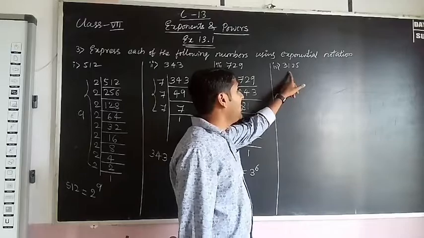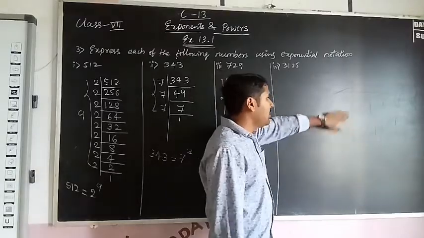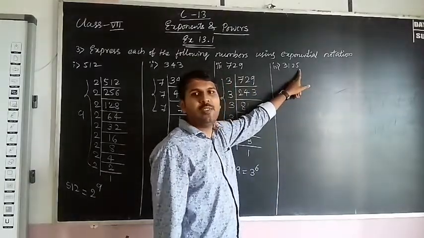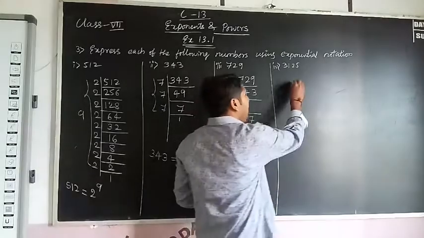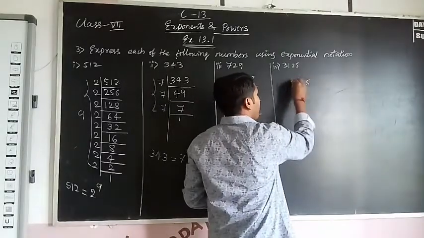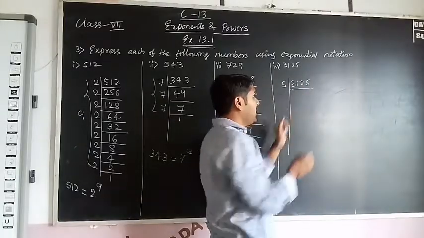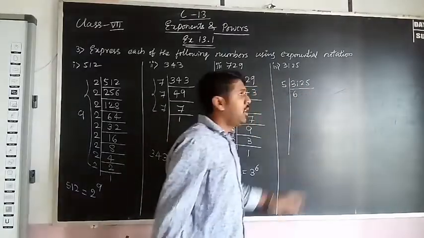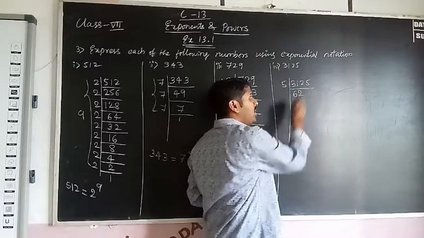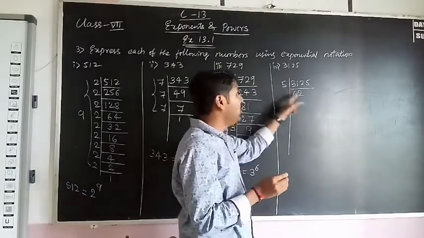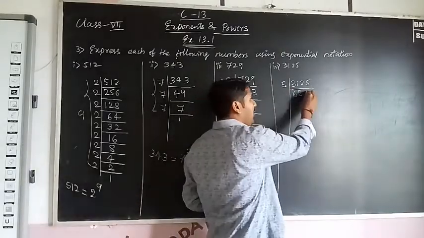So next 3125. Here 5 is there, means it is divisible by 5 only. So take 3125. 5 6s are 30. 1 remains, 12. 5 2s are 10. 2 remains, 25. 5 5s are 25.